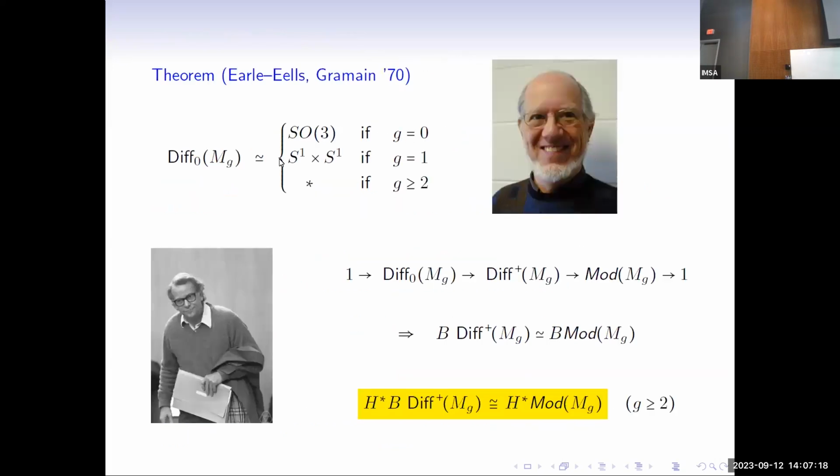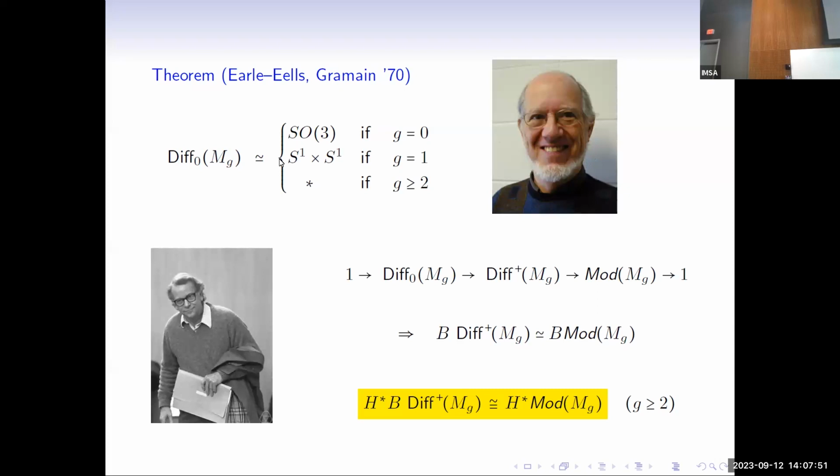All right. So now, what is the use? Why are we interested in this thing? Thanks to the work of Earle, Eells and Schatz, we know the homotopy type of the identity component of the diffeomorphism group of a surface. For instance, in the case of the sphere, genus 0, it is homotopy equivalent to SO(3).